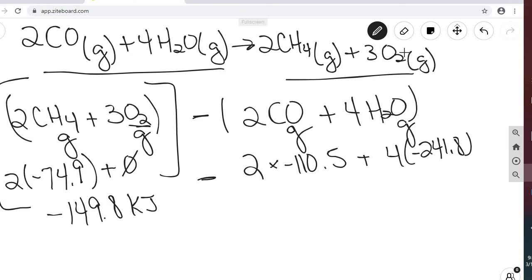Okay, so 2 times negative 110, that's going to be negative 221 plus a negative 4 times 241.8, which is negative 967.2.